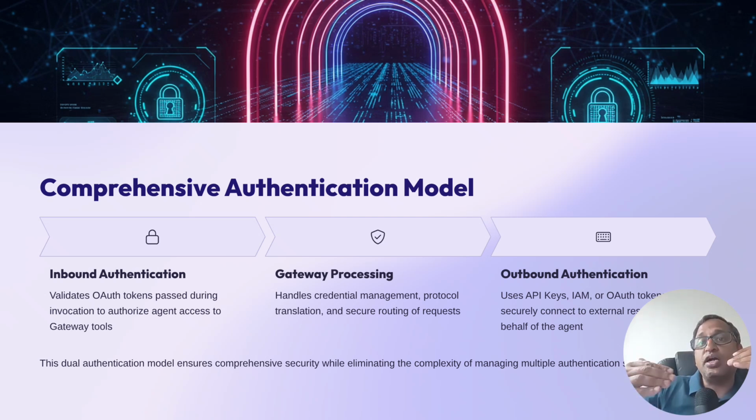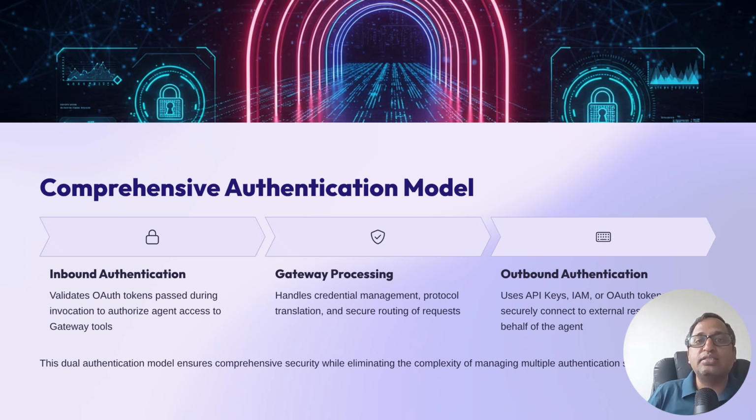When agents want to connect to external systems, you can use outbound authentication to securely connect using, as I said, IAM roles, OAuth tokens or API keys. The target could be a REST API, a SaaS app, or an internal service. The gateway takes care of the entire secure handshake between the agent and the external API.